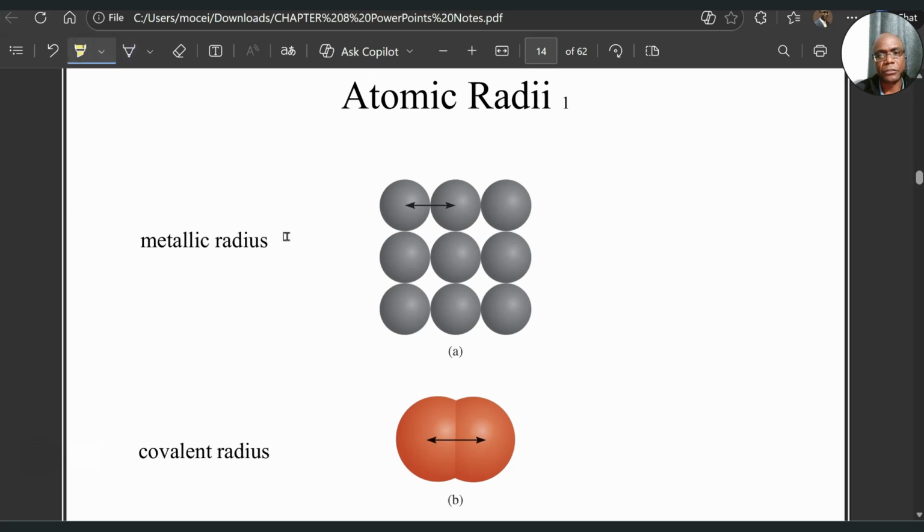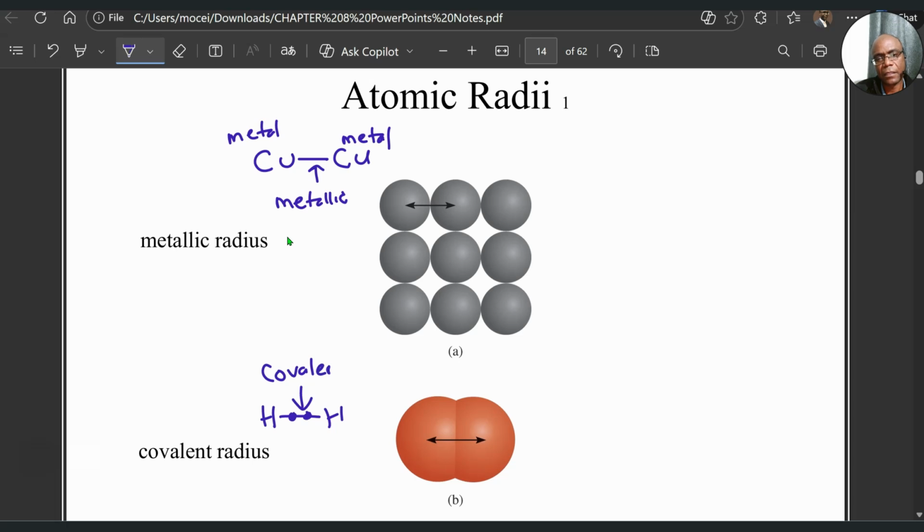Let's talk about the atomic radius in terms of interatomic bonds. If you have a copper and a copper, the bond in between is called a metallic bond because you're looking at a metal and a metal. But if you have a hydrogen and a hydrogen, this bond is formed by sharing electrons. We call this a covalent bond.